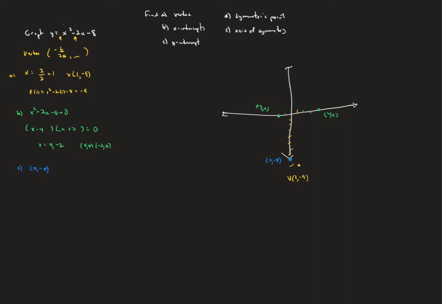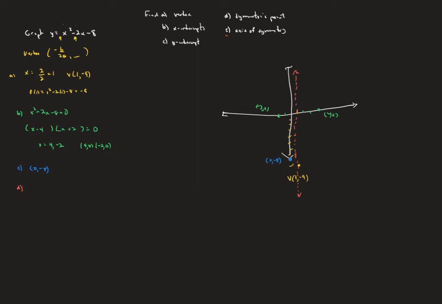Now what I mean here by the symmetric point is I'm going to put in here the axis of symmetry. The axis of symmetry is that vertical line that goes through the vertex, and so it is the line that splits our parabola in half. If we reflect it in that line, it lands on itself.